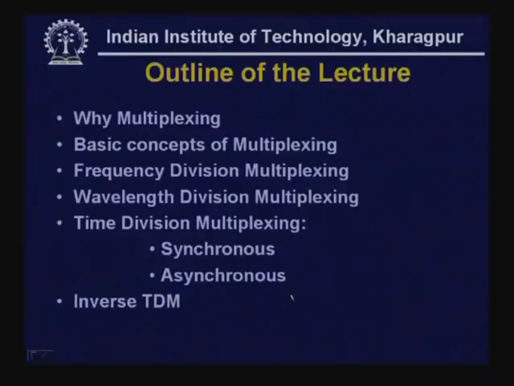And as we shall see, the frequency multiplexing technique has two different variations, the frequency division multiplexing and wavelength division multiplexing. And the other one, the time division multiplexing, again has two different types, synchronous and asynchronous, which we shall discuss in detail. And finally, we shall discuss inverse time division multiplexing, which is also in use today.